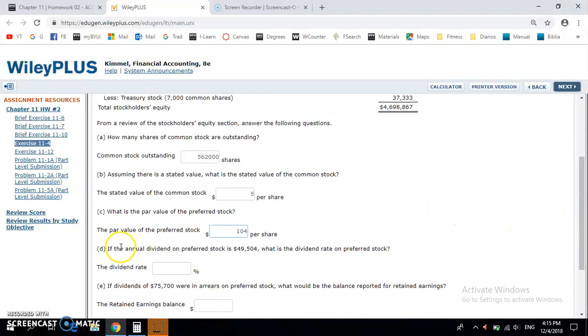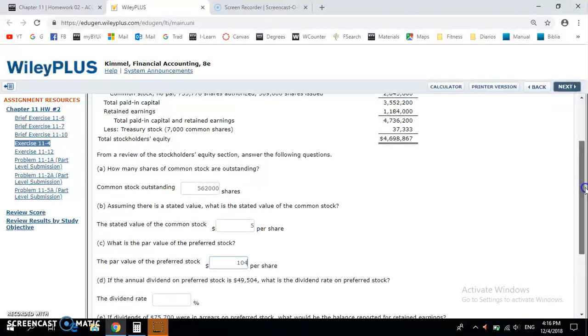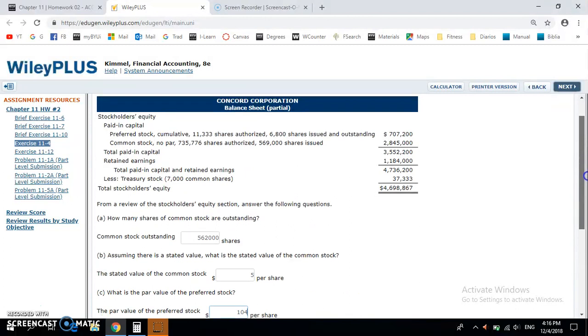Now, this is an interesting question. If the annual dividend on preferred stock is 49,504, what is the dividend rate on the preferred stock? Okay, so we know that the dividend was 49,504, and that's what they paid for how many shares?